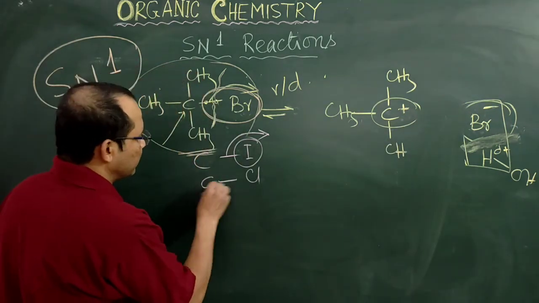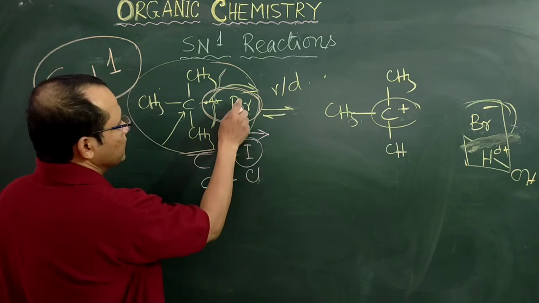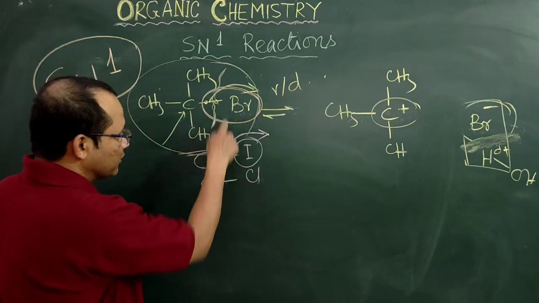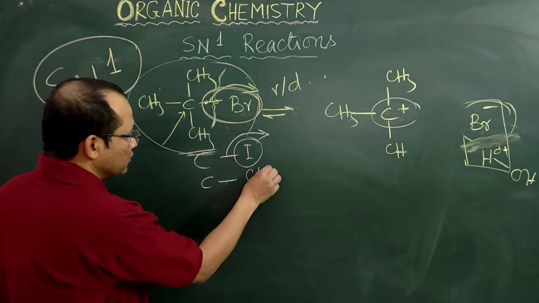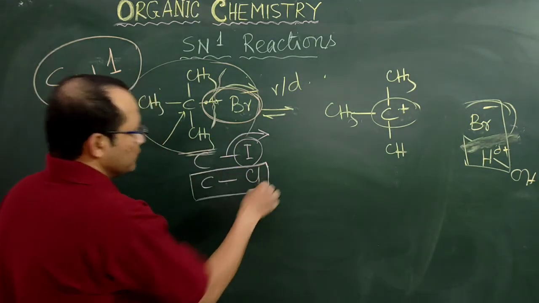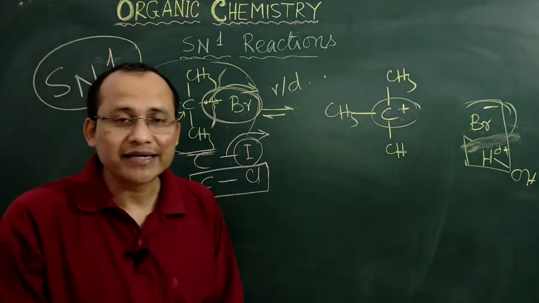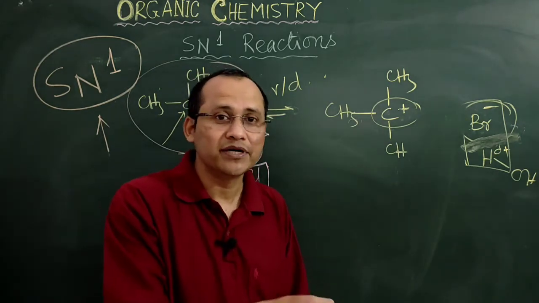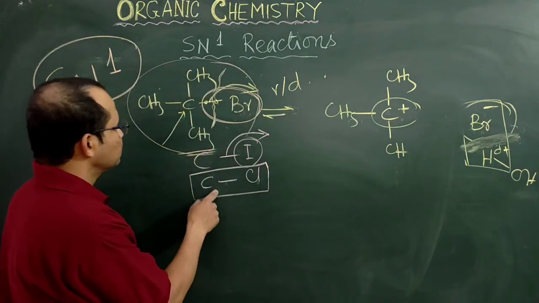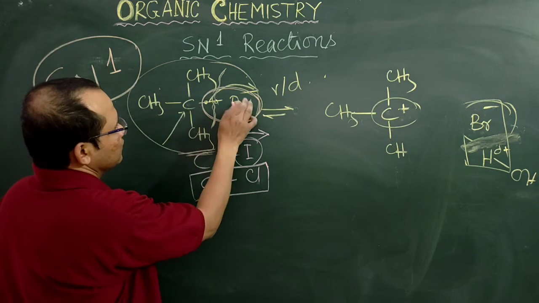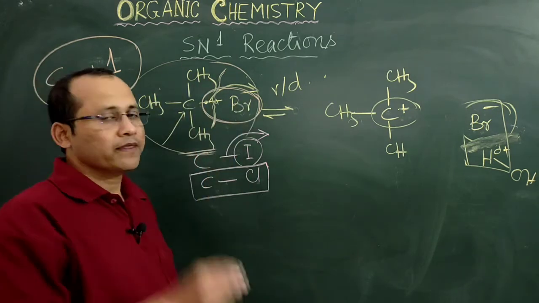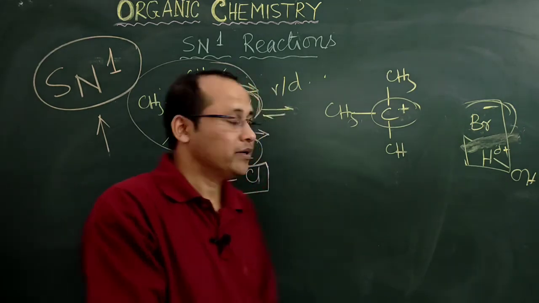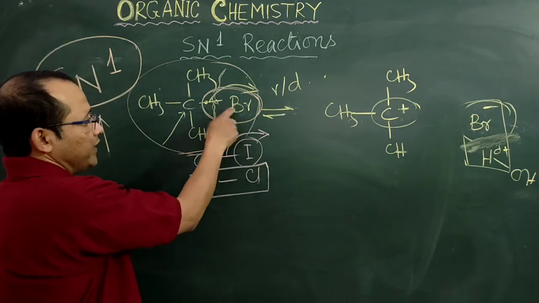And if we take chlorine in place of this one, then this bond is the strongest among these three, so this bond will be least effectively cleaved. This will be reluctant to be cleaved. So if we take chlorine, this will show minimum reactivity, the rate of the reaction will be minimum compared to this one and this one.